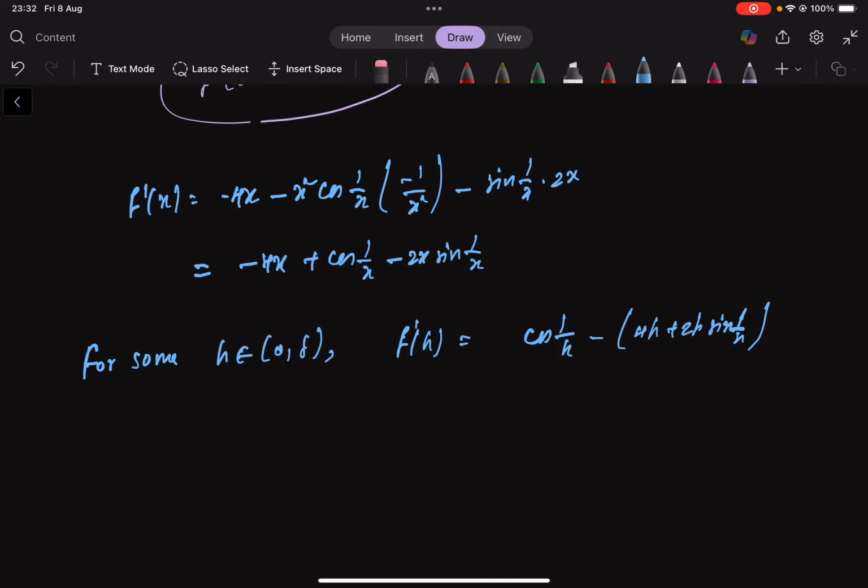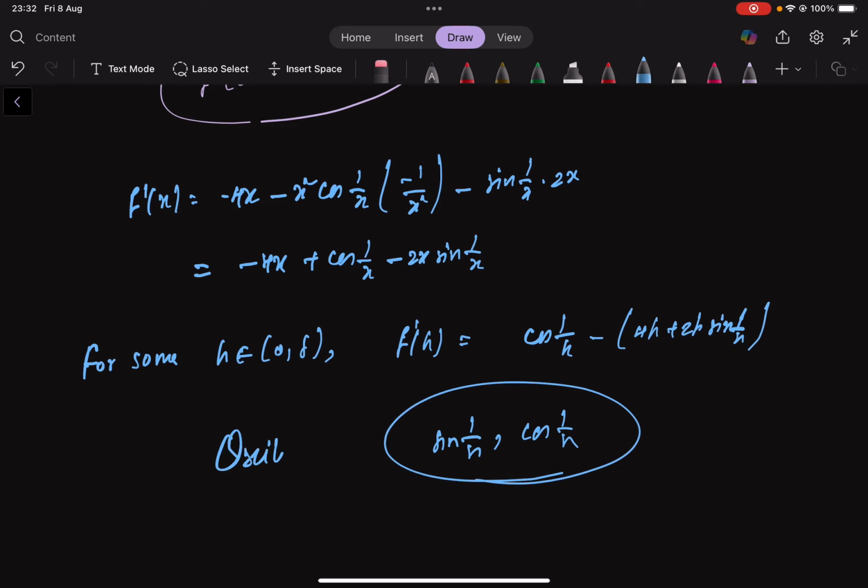Now we can't really comment about this particular value, because sine 1 by h and cos 1 by h are oscillatory functions, having oscillatory nature at x is equal to 0. Since they have oscillatory nature at x is equal to 0, we can't really say whether this is less than 0 or greater than 0 at that particular point, or in the region between 0 to delta.